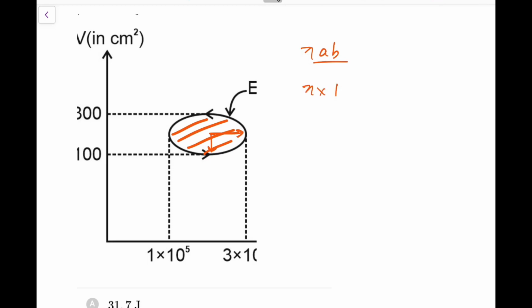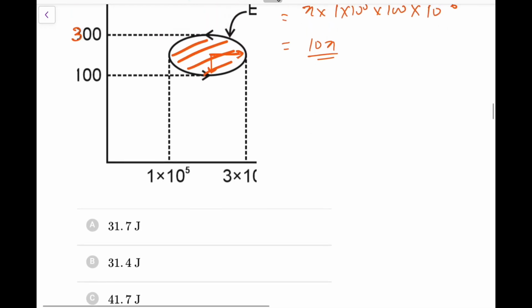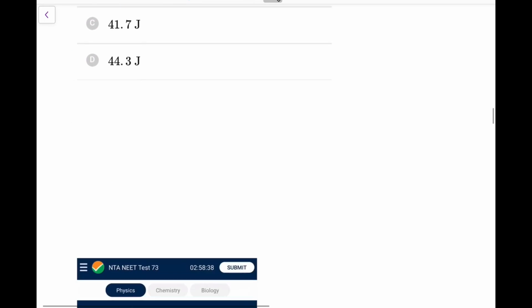So this radius is 1 into 10 to the power 5 on the pressure side, and here I have not taken the perfect screenshot, it is 300 here, so that would be 100 here. So 100 into 10 to the power minus 6, in centimeter cube. Volume is never in square, so correct it should be centimeter cube. So what we have is 10 pi, which means 31.4 joules, so I'll go for option B here.